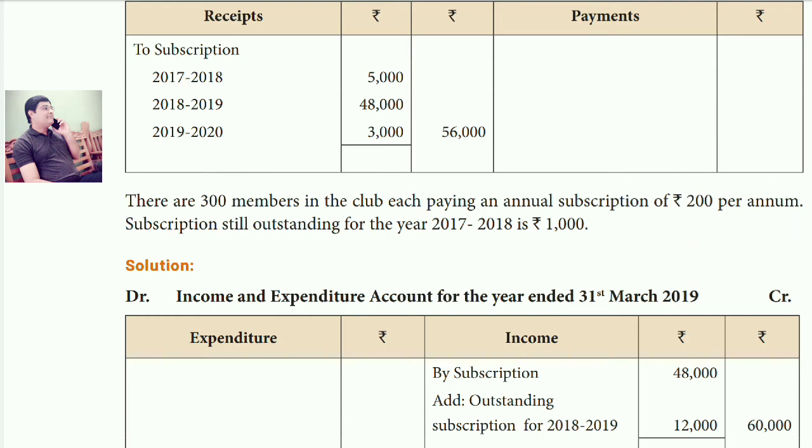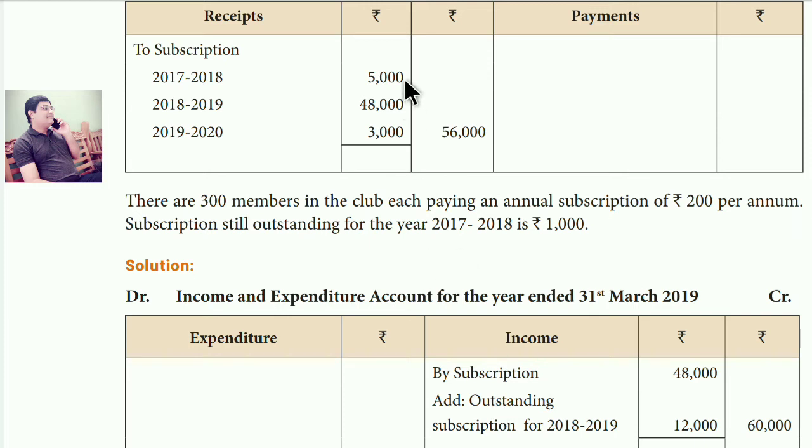Understand? First we have to write this 48,000 by subscription, then 300 into 200, 60,000 rupees in the outer column. 60,000 minus 48,000, you will get 12,000 outstanding for the current year.